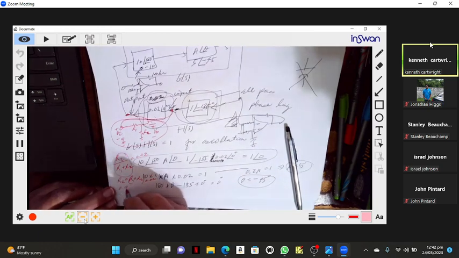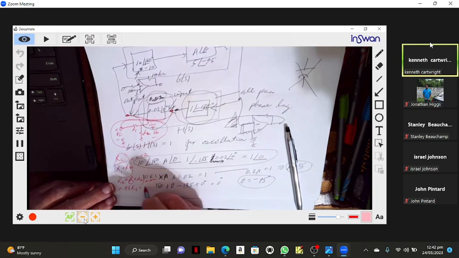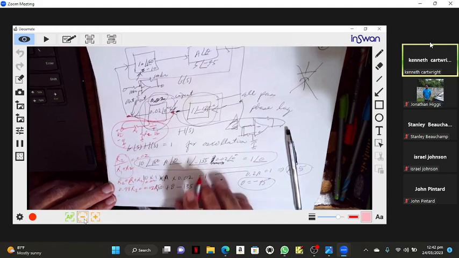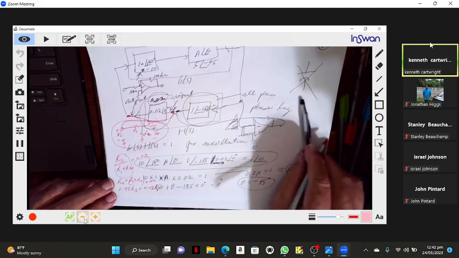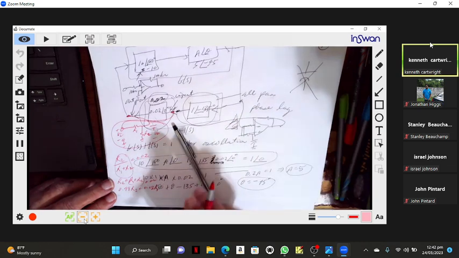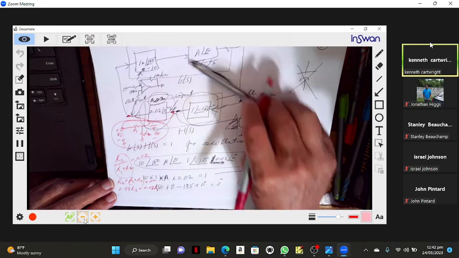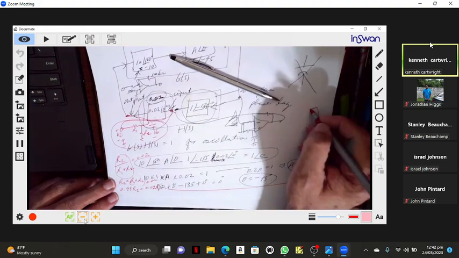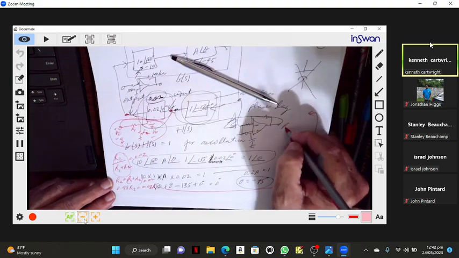So 0.98 R2 equals 0.02 R1, or R2 equals 0.02 over 0.98 times R1.